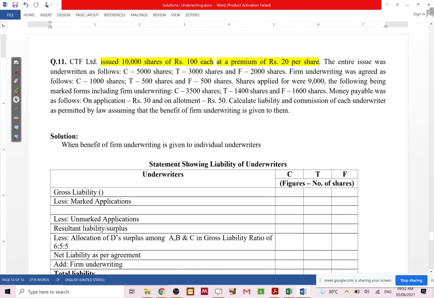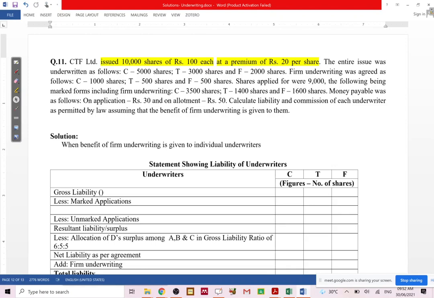So from the very first information, you have to identify the issue price of these shares. You know that we need the issue price when we are calculating the commission that is to be paid to these underwriters, isn't it?